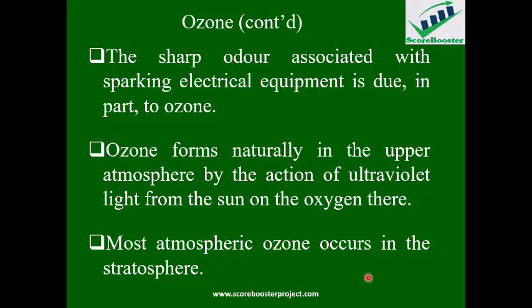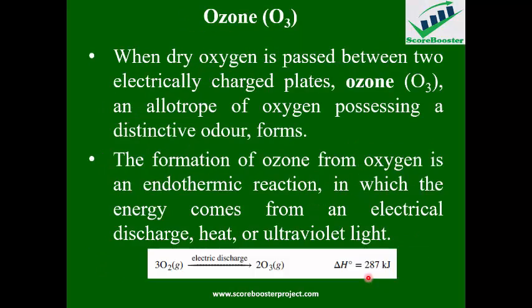Naturally, we have layers in the atmosphere. We have the troposphere, the stratosphere, the ionosphere. In the stratospheric part of the atmosphere, that is where we have ozone formation, and that is because the ultraviolet light from the sun acts like the plate.